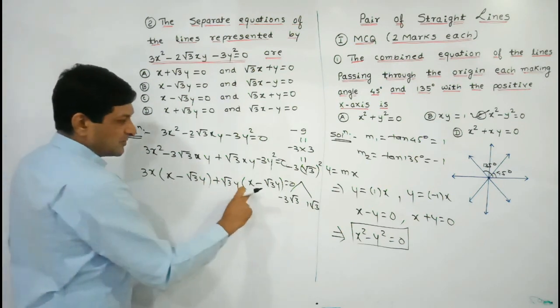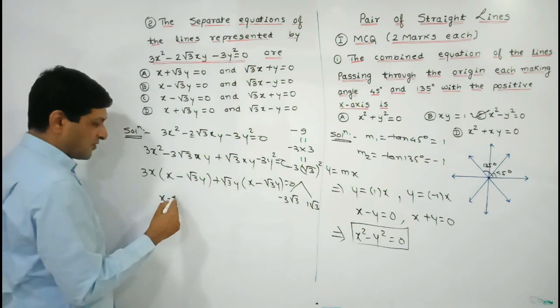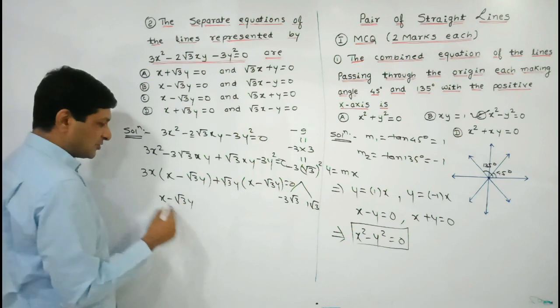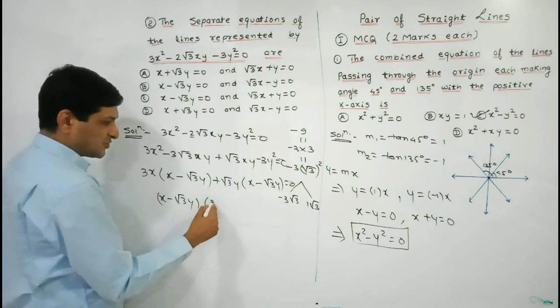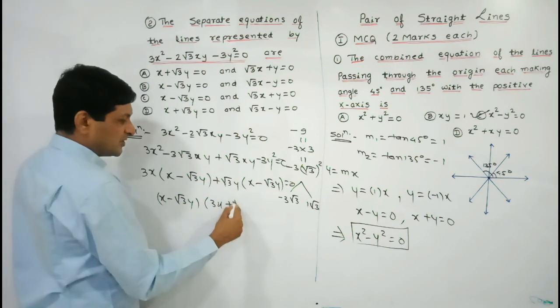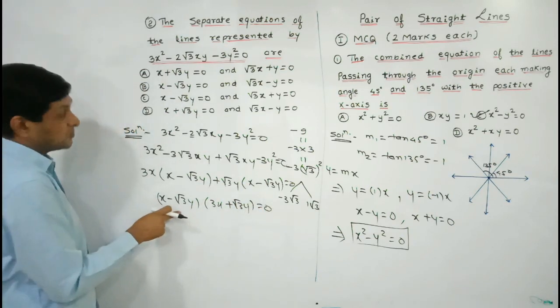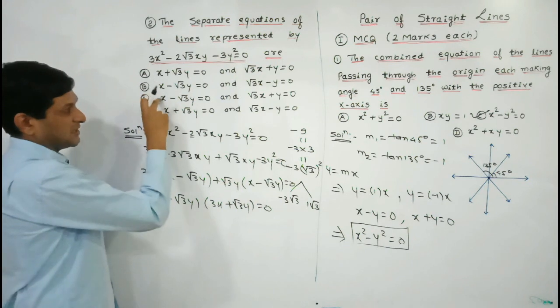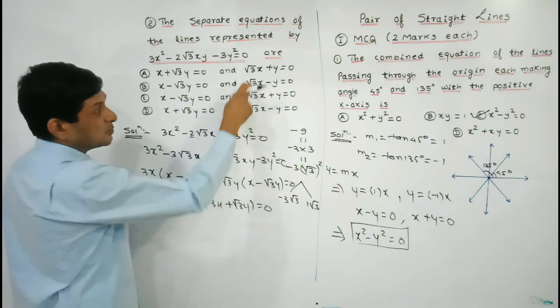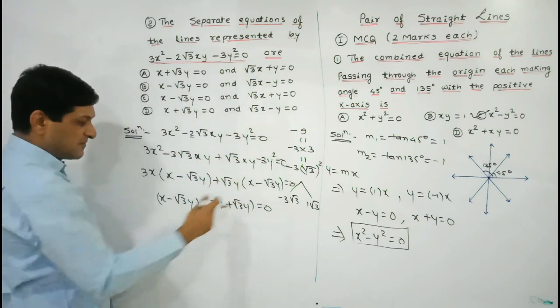Now we are able to take x minus root 3y common from both the terms. X minus root 3y. So here remaining term is 3x and here remaining term is root 3y is equal to 0. Now observe that x minus root 3y appears in these two options. Now here root 3x is there, means we have to divide to both sides.